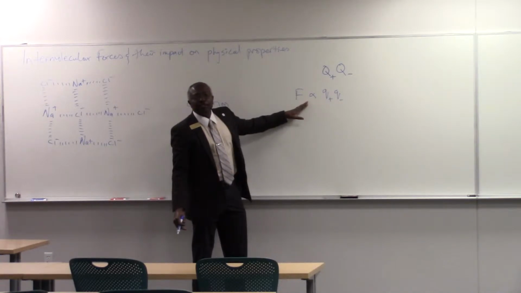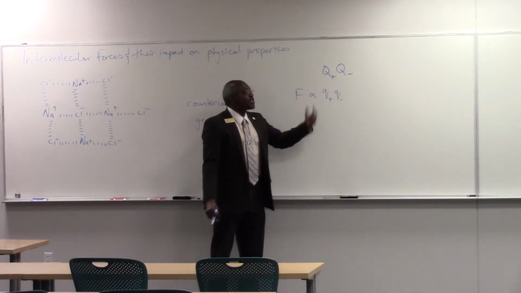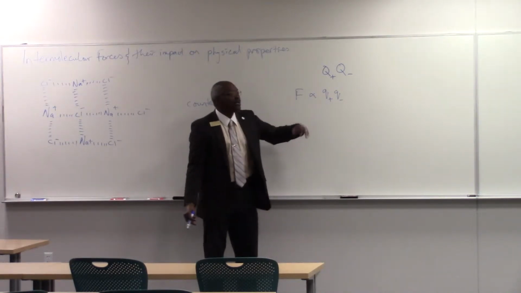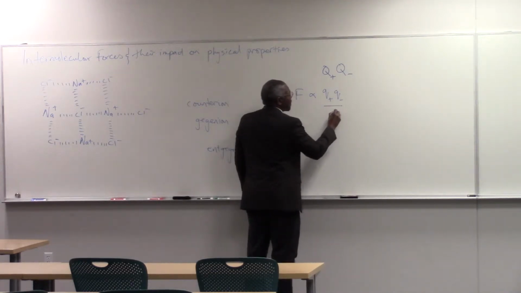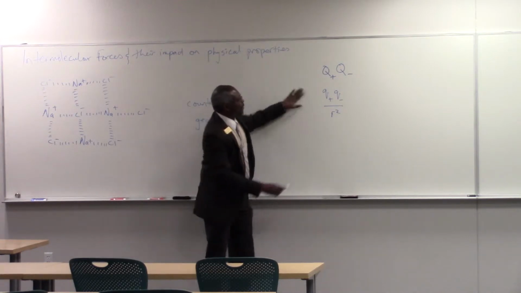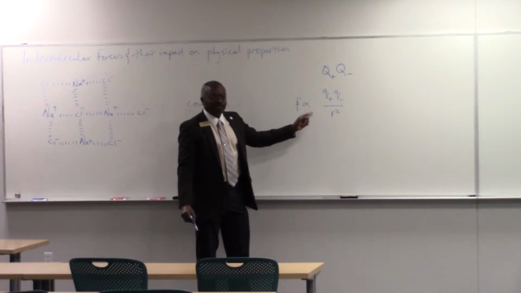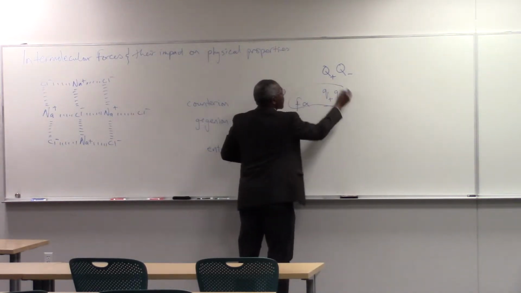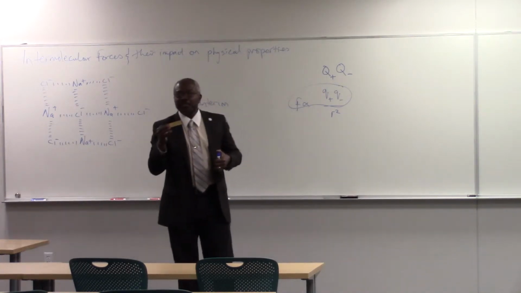The force of attraction between oppositely charged particles depends linearly upon the size of the charges. I'm just going to write it in here, but you remember this as well: it depends inversely upon the square of the distance between the particles. I'm going to focus on this relationship. The force of attraction depends upon the size of the charges.